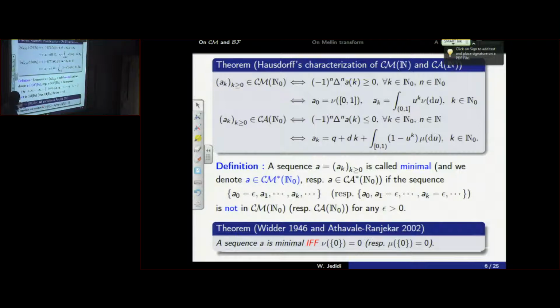And Widder, in 46, and later with some other means, showed that it's not that obvious that a sequence is minimal if and only if the representing measure gives no mass to 0.